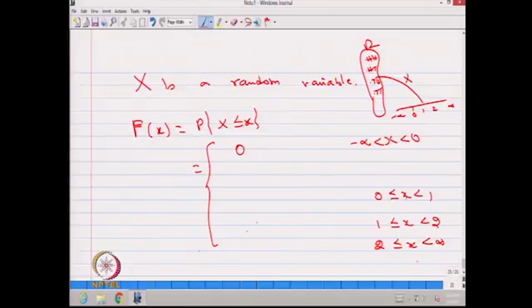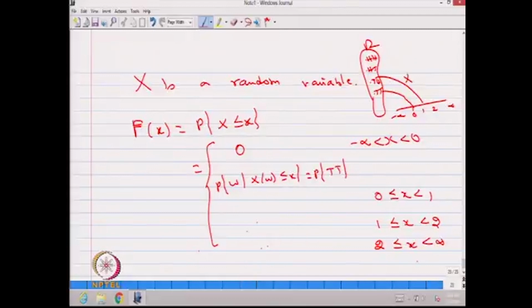When x lies between 0 and 1, since the tail is mapped to 0, the collection of possible outcomes is nothing but the ω such that X(ω) is less than or equal to x. Here it is P of ω, and here it is a tail.